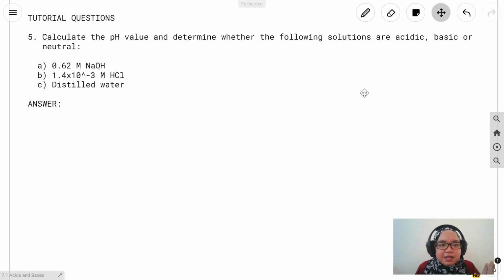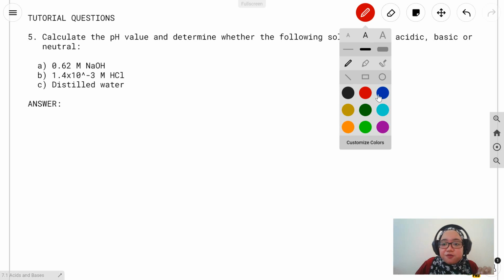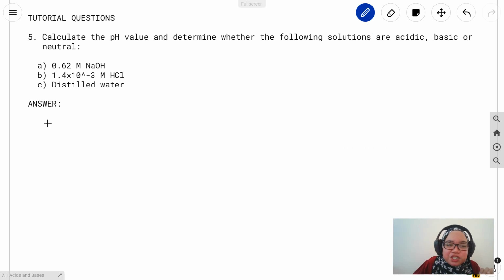So it says calculate the pH value and determine whether the following solutions are acidic, basic, or neutral. So let's look at question 5 part A first. So here it gives you the concentration of NaOH, which is 0.62. Okay? So here, the 0.62 is actually for OH minus lah.